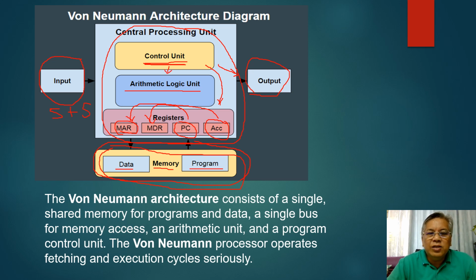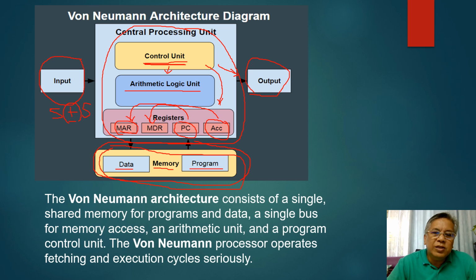Okay? Now, since the operation is 5 plus 5, the operation is addition, then the arithmetic logic unit will perform the addition operation on your 5 plus 5 instruction. Okay? As we know, your arithmetic logic unit contains the so-called binary or logic circuit that can add, subtract, multiply, or divide a particular number.